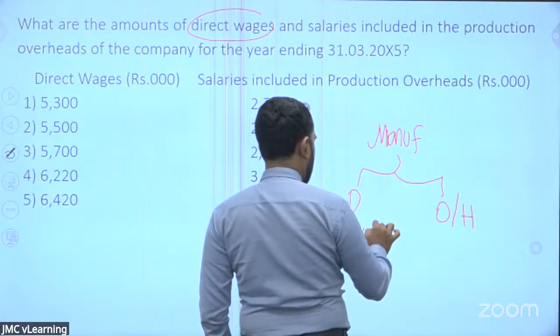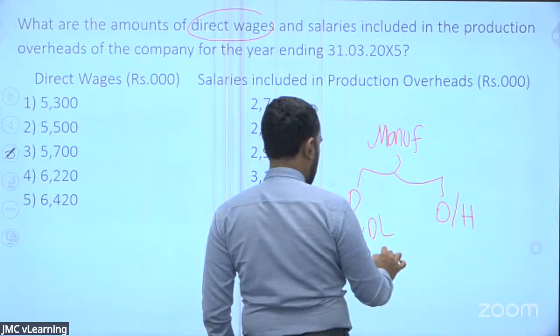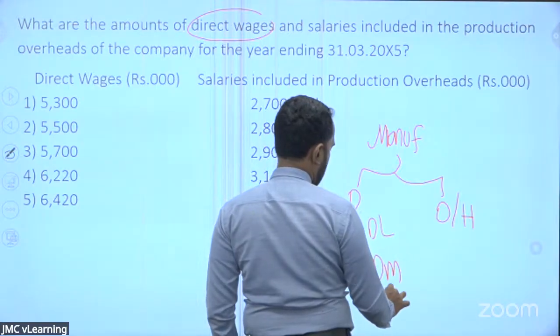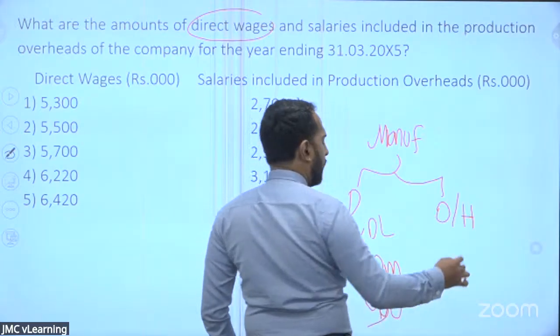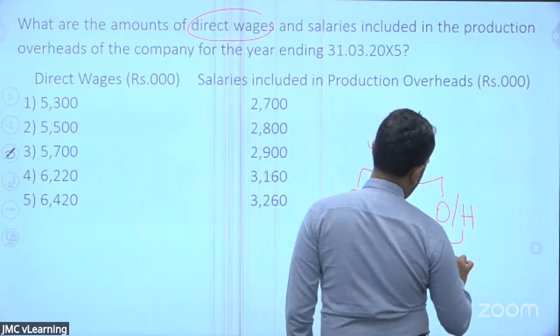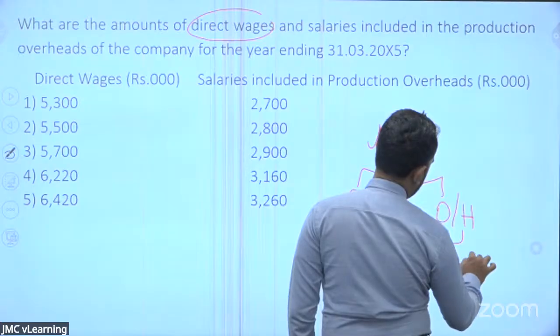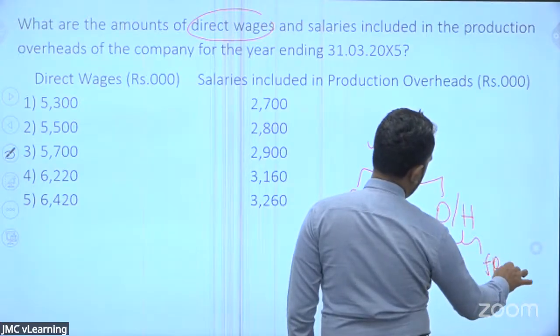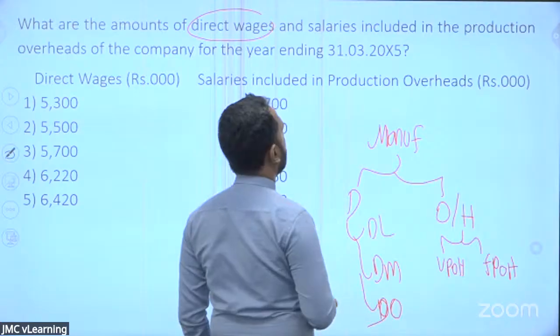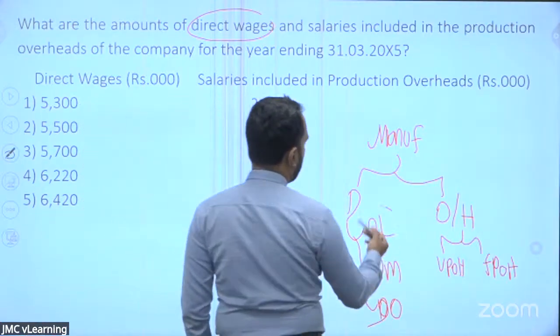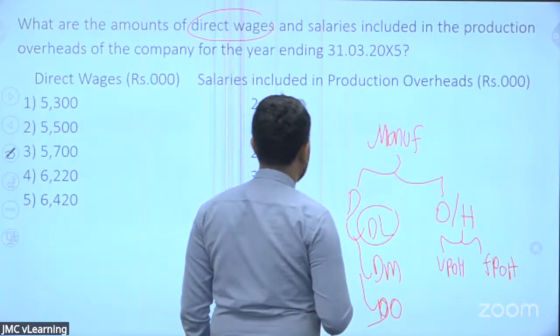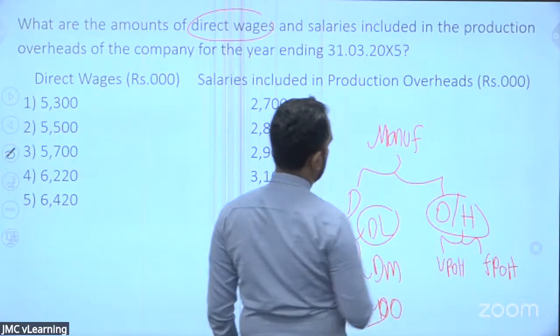Direct costs include the direct labor, direct material, and direct other costs. Overhead costs may include some variable production overheads and fixed production overheads. Like that, different costs are there. They're asking what are the costs to be included inside the direct labor cost and the production overheads. Let's see.